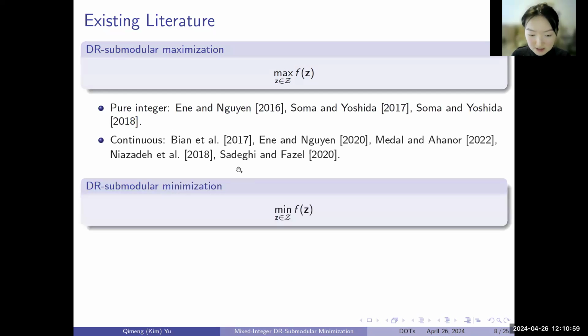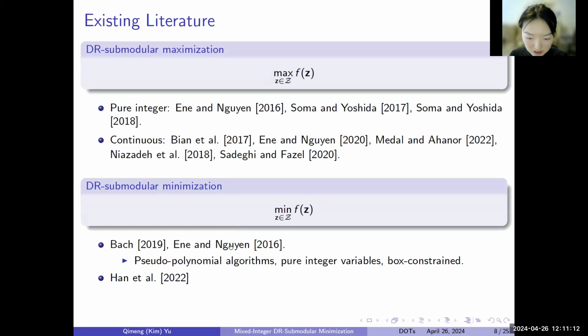In contrast, relatively few studies have considered minimizing DR-submodular functions. Among the most relevant studies, these two works handled box-constrained integer variables, and the resulting algorithms rely on some sort of binary expansions. So the complexity depends on the variable upper bounds coming from the box constraints.